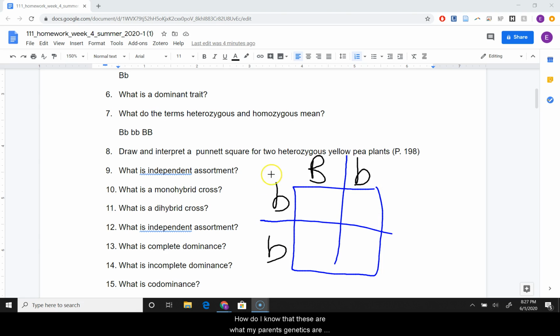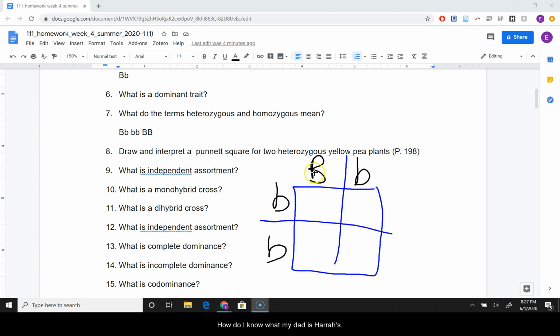How do I know what my parents' genetics are? How did I know that my mom was homozygous recessive, and my dad was heterozygous? I know for sure that my mom is homozygous recessive because I've met her, and she has blue eyes. The only way to get this recessive trait is to have two recessive alleles.